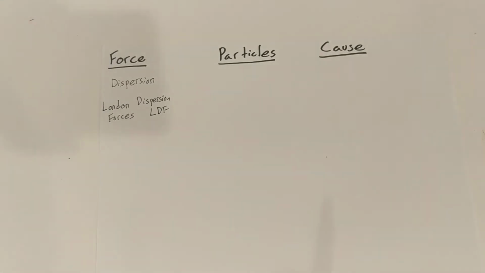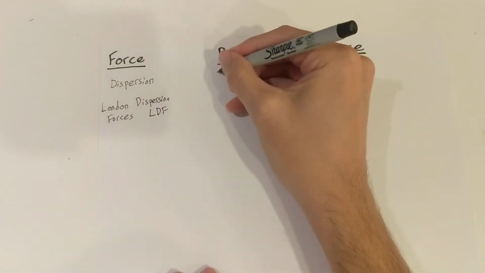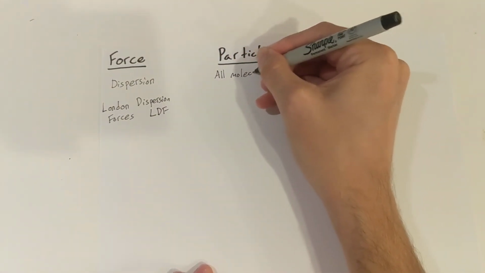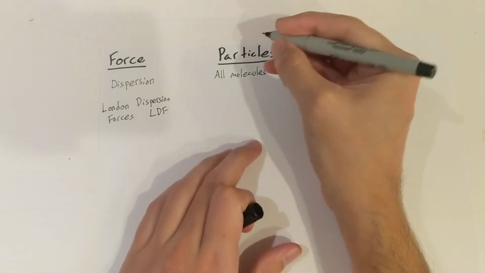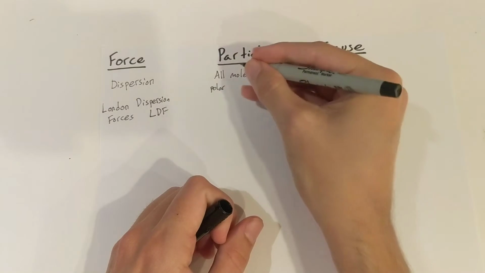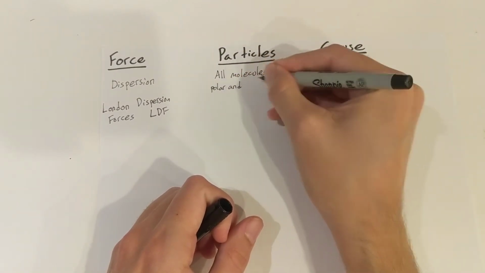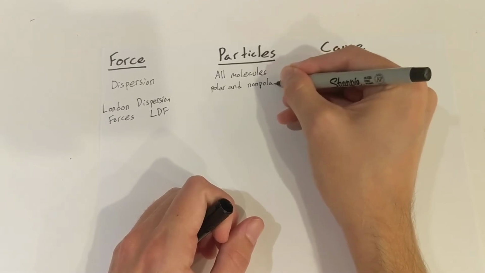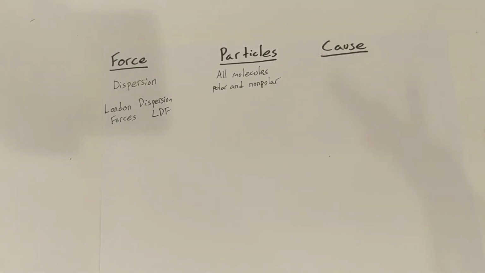And the type of particles that we see these in are every particle. So this would be all molecules, that includes polar and nonpolar. So I'll write that down just to be very specific. Polar and nonpolar. And then we also see it in atoms that don't want to form bonds.